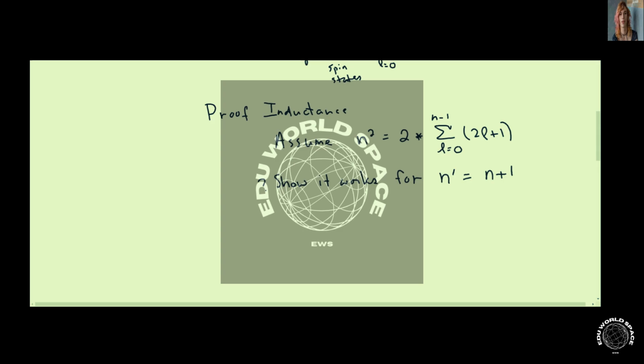Typically what you do is you write down the formula for n prime with the summation, and then you break up that sum into the previous quantity.